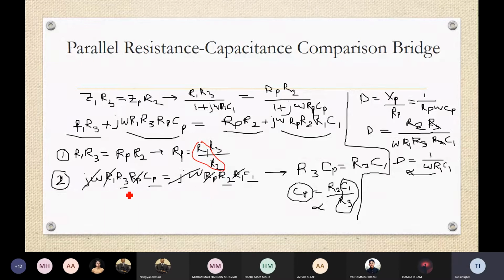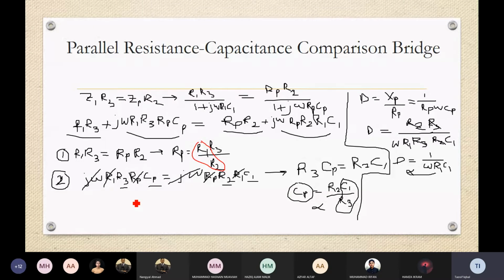In the imaginary relationship, the j omega cancels out, and R1 and Rp also cancel out because they exist on both sides.